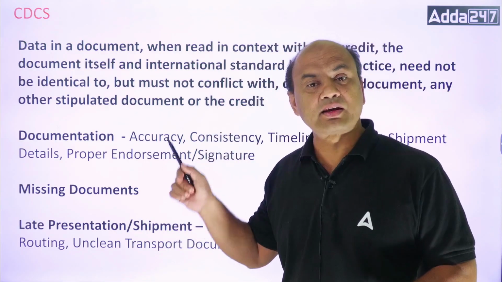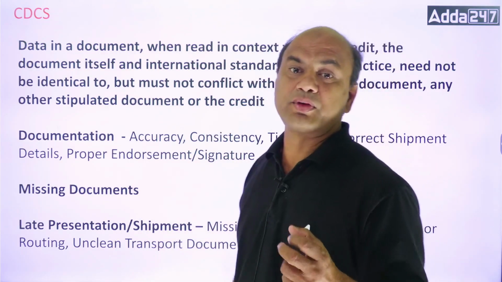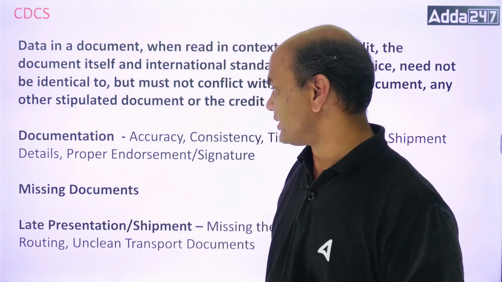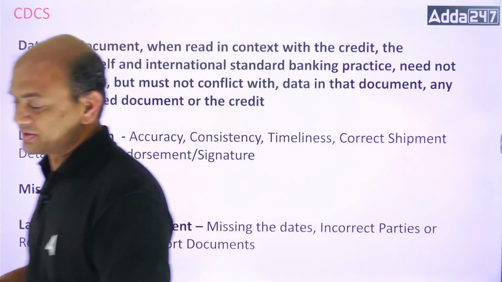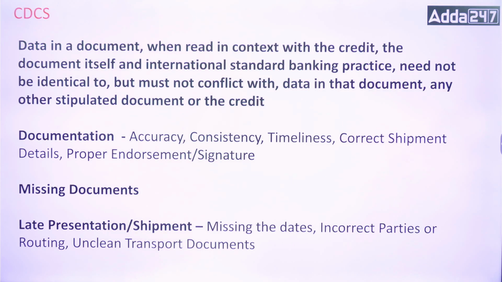So what are the basic reasons why documents fail, meaning why problems arise in payments? What are the major reasons? How many of you have got this answer up till now? Anyone, comment section?